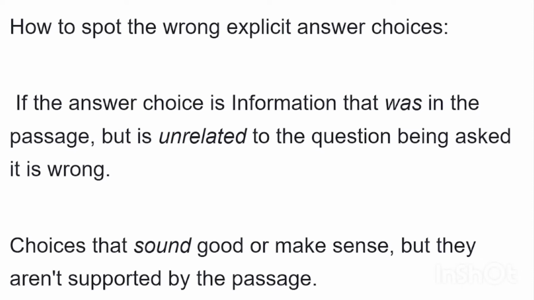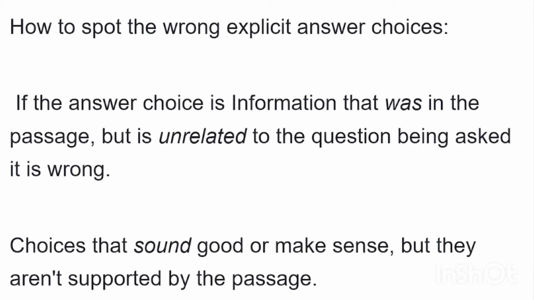If the question asks where Jill and Mike went to party, and the passage said they went to Greenville, you would not take the answer choice that says Jill and Mike like to go partying with their friends, because clearly the question didn't ask you about friends.